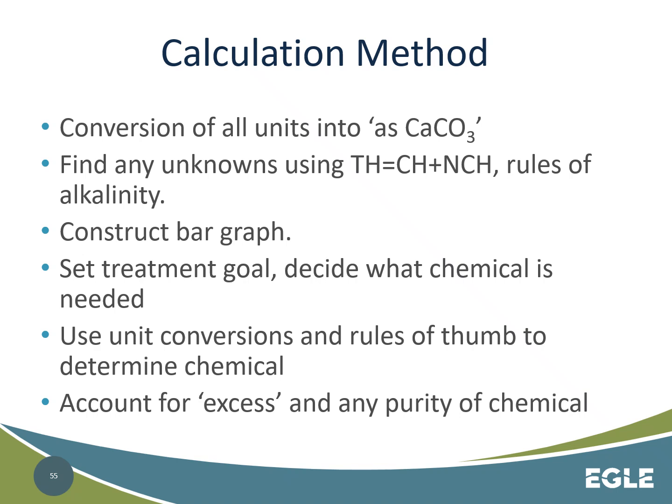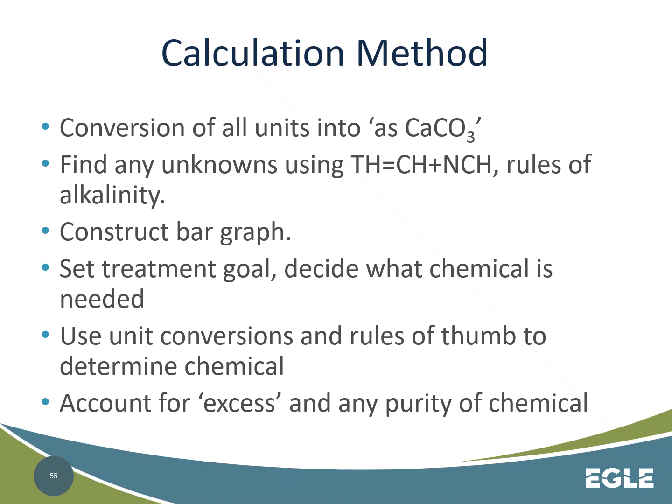Remember that total hardness equals carbonate hardness plus non-carbonate hardness. Step 3 is to make a bar graph, which shows calcium, magnesium, carbonate hardness, and non-carbonate hardness, all in milligrams per liter as calcium carbonate. We will go through this step in detail next.